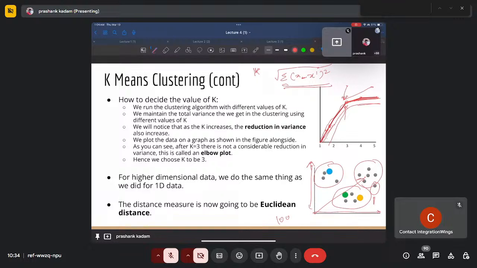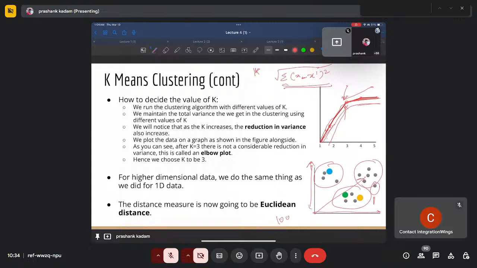That's why you have to restart randomly again and again using different points of initialization, and calculate variance at the end of each iteration. Let's say you clustered 1,000 times, the iteration in which you got the minimum variance is the one where optimal clustering is happening.